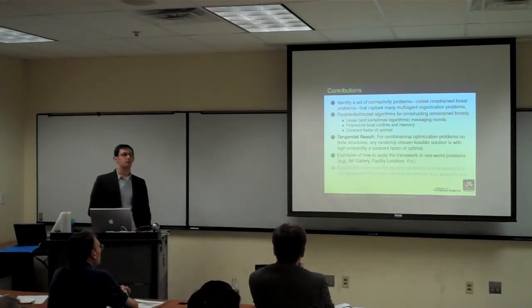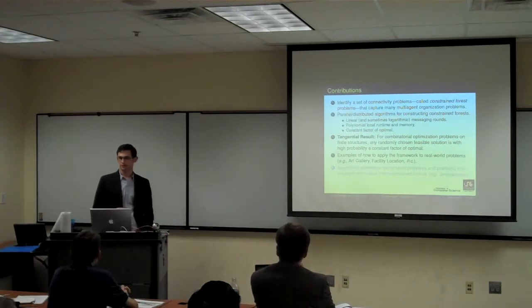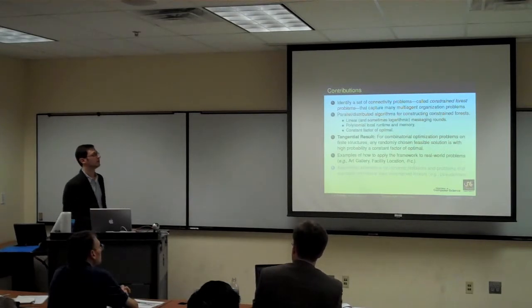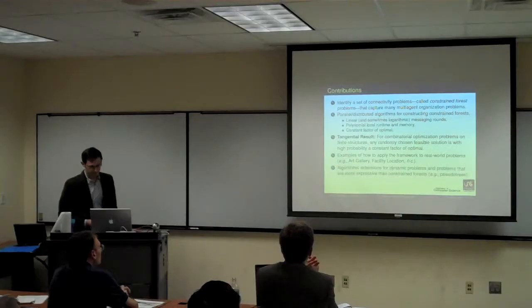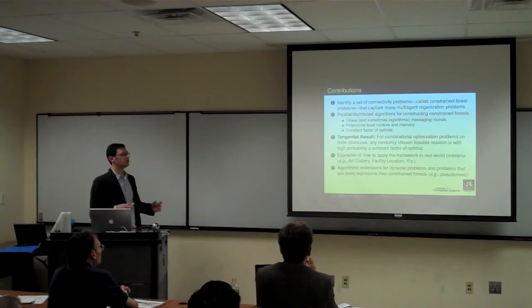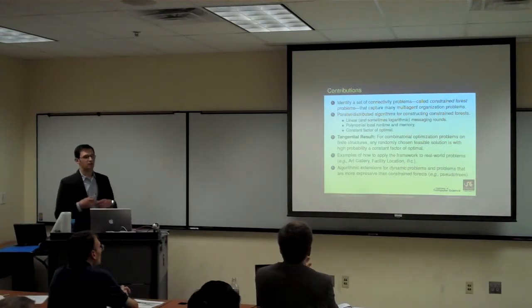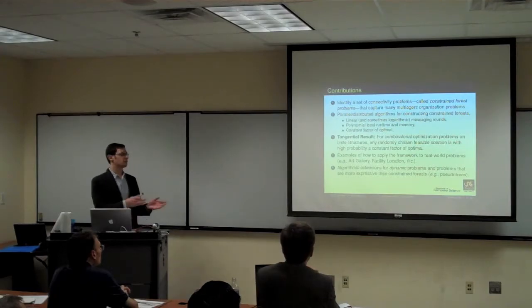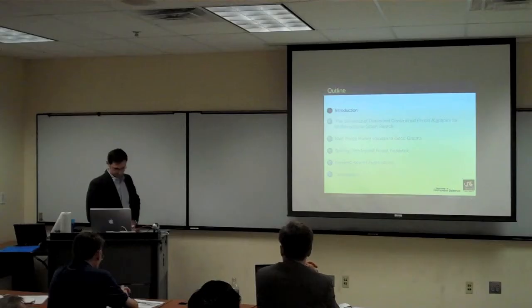I'm going to give some examples of how this framework for solving these distributed constrained forest problems can be applied to some real-world domains, including art gallery problems, which have to do with sensor networks and robot teams, facility location, etc. And finally, the ultimate goal of what we're trying to do here is provide algorithms that can solve dynamically changing problems. So I give some extensions to this framework to allow for dynamism.